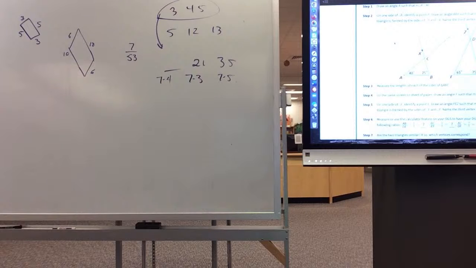I can't get them all to have the same numerator. 5 over, what's 18 divided by 3? That's 5 over 6. Yeah, that's their triangles.